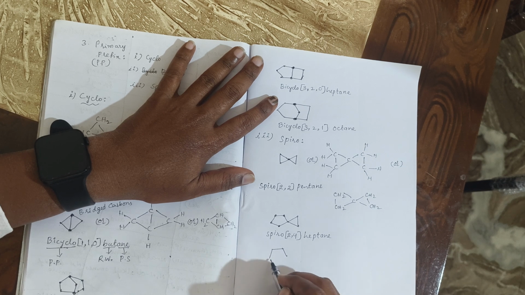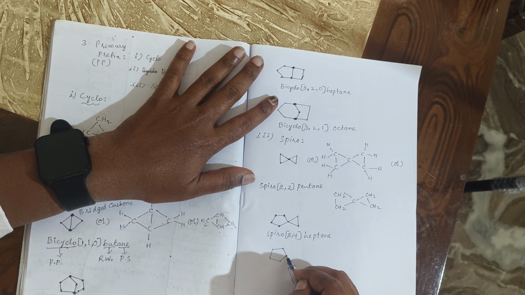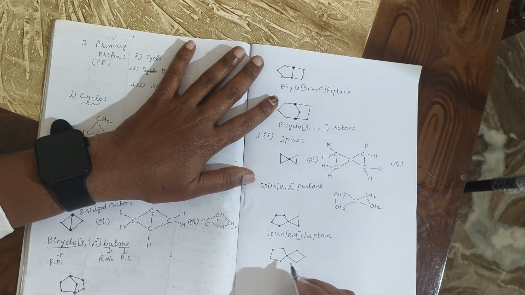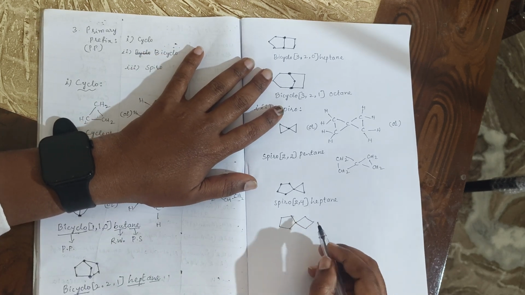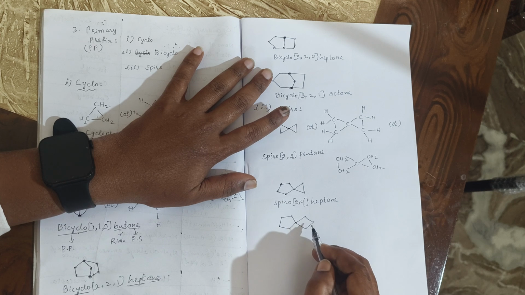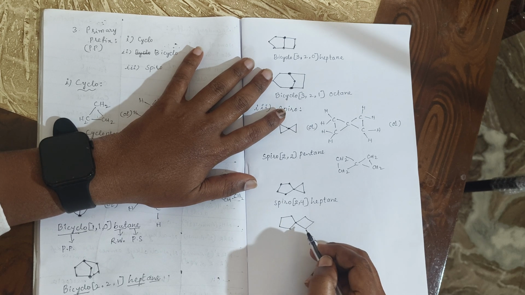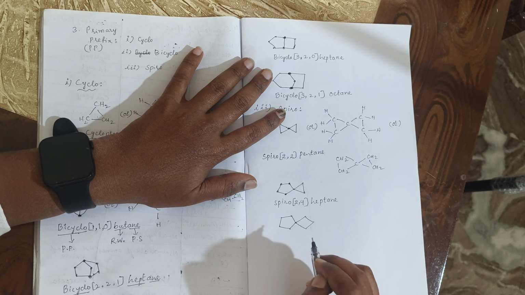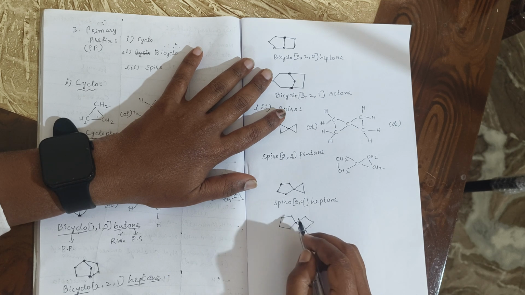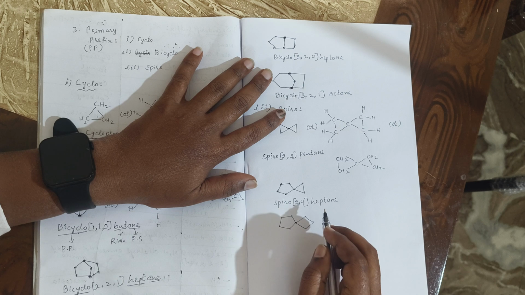Let me take the same ring here, but here the number of carbons has increased. Now the left side is 4, and the right side became 3. Total how many carbons? 8 carbons. The 8 means what you have to write? Oct.